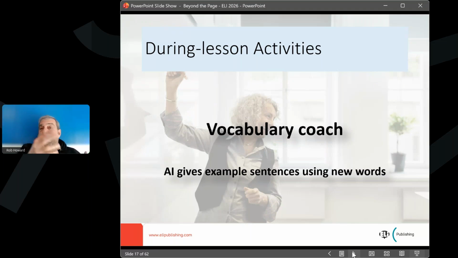If you go to dictionary.com or thesaurus.com, if you use a lot of the online tools, even Google, they will give you example sentences using the new words. Now, I find this extremely valuable because that way they see the word in context and they get to use it. So AI is good for writing example sentences for you, which can save you a lot of time and help you with vocabulary.